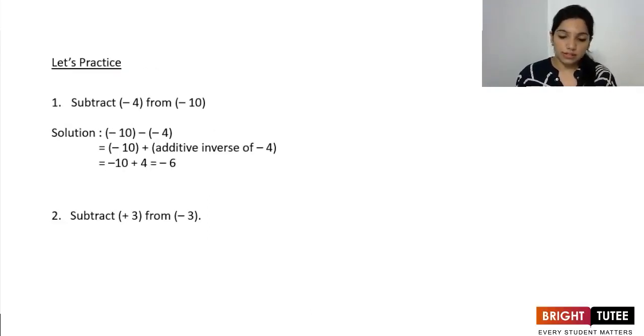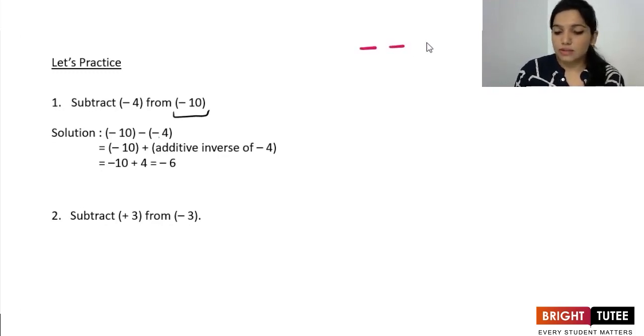We are going to practice some questions. It says subtract minus 4 from minus 10. First of all, make sure that whenever you are writing these numbers mathematically, the number from which you need to subtract, that comes first. So it is minus 10 minus of minus 4. Is that right? So minus 10 minus of minus 4. So because here we are just solving without the number line, when we see minus of minus 4, minus of minus changes to a plus sign.